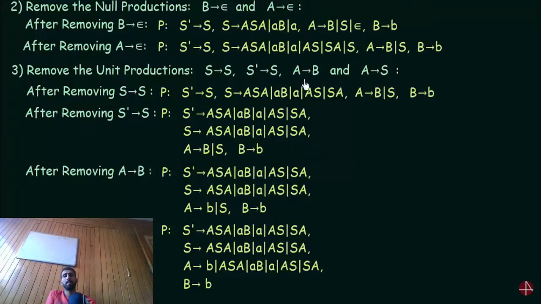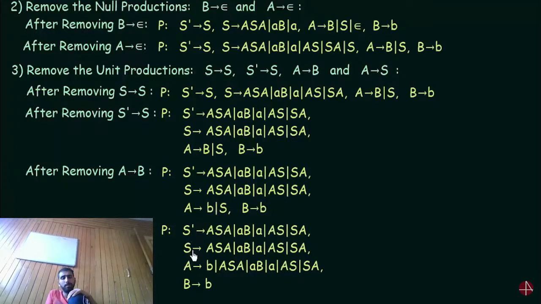Okay, so we are done with this one, and now let's come to the last one, which is A gives S. In order to remove this, we have to replace this S with the value of S. And what is the value of S? S gives this whole thing. So A will give B, and instead of S, I will put this whole thing.